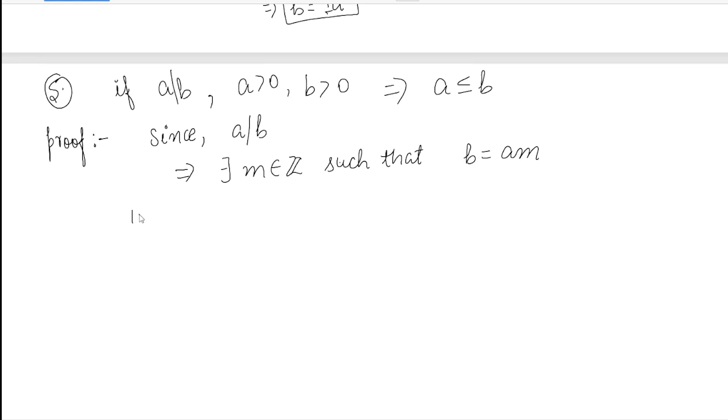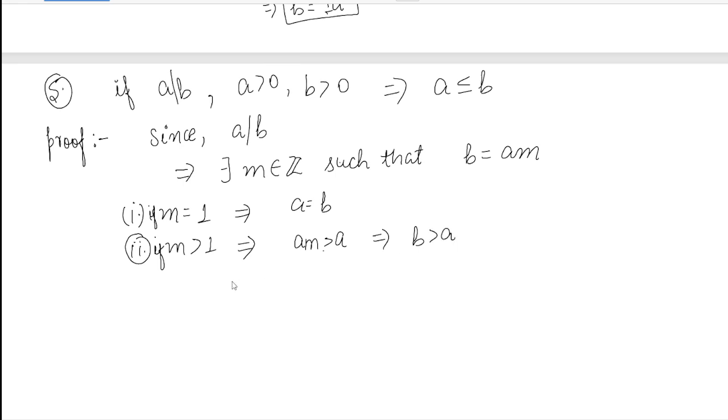Case first: we put the value of M is equal to 1, this implies A is equal to B. When M is greater than 1, this implies AM is greater than A. This implies B is greater than A.